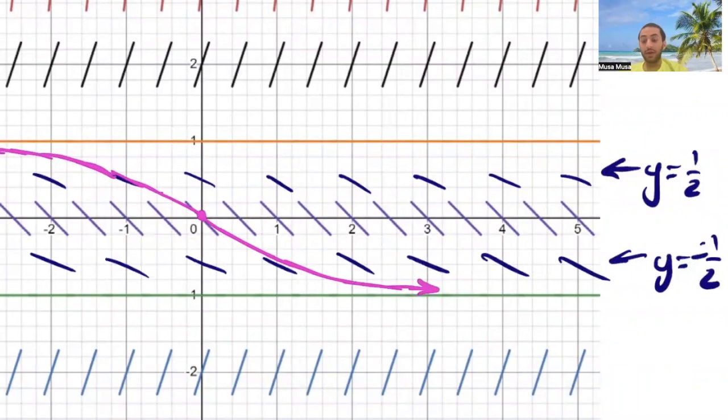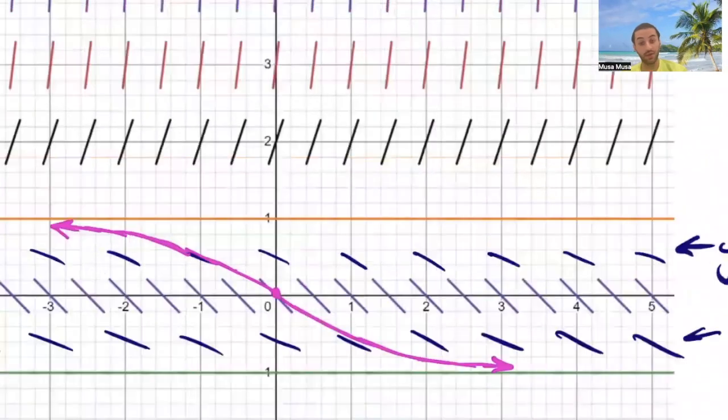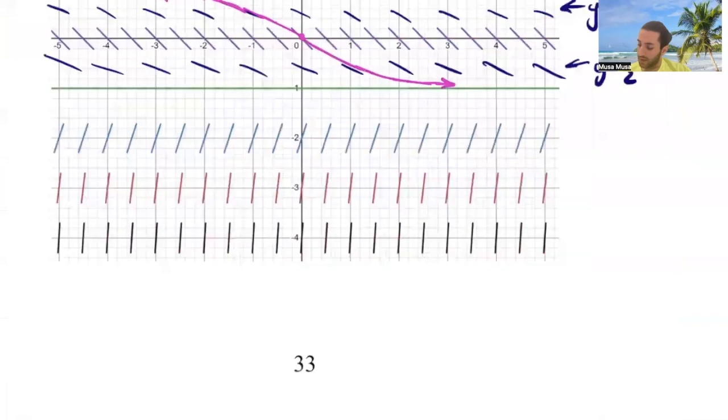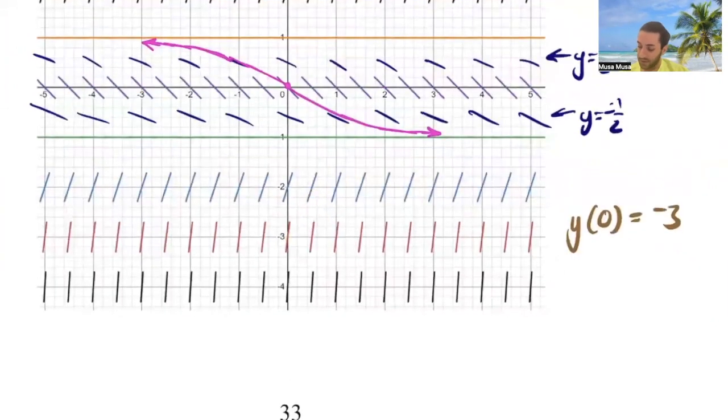Perfect. If they told me some other condition, because this is one of many solutions, had they said we'll say y of 0 equals minus 3, my curve would have looked very different. It might have looked something like, and it really depends on what these numbers are, but it would have looked a lot steeper.